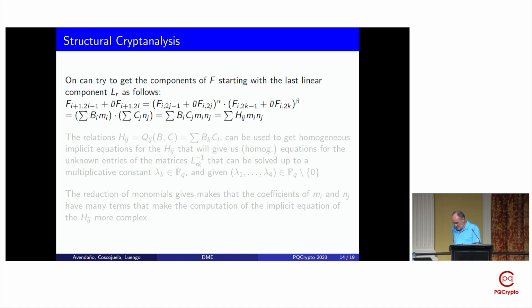So the other problem is the structural cryptanalysis. Here, the thing that we can find is that after every exponential is a quadratic map. So we have some implicit equation between the result of every round before the linear.